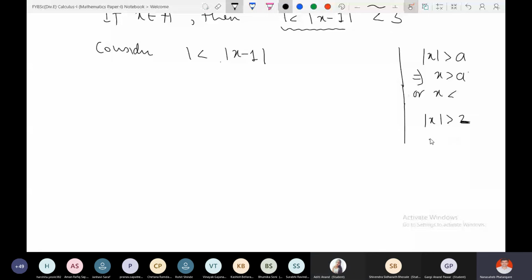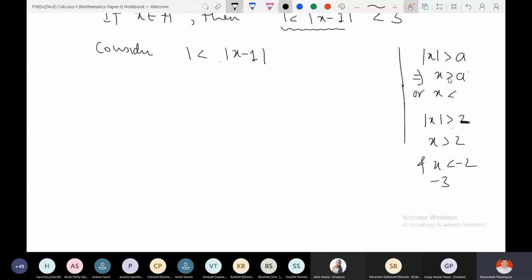So x greater than 2 and x less than minus 2, because minus 3 also satisfies the same condition. Can we use the graphical method here? Graphical method is okay, but not every time you can use it. In a simple situation, it is fine.